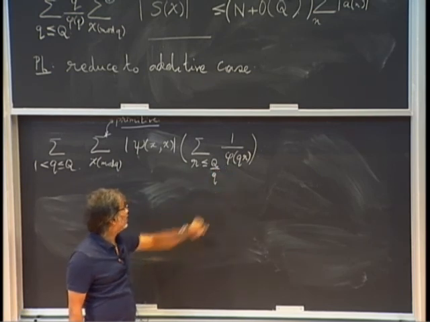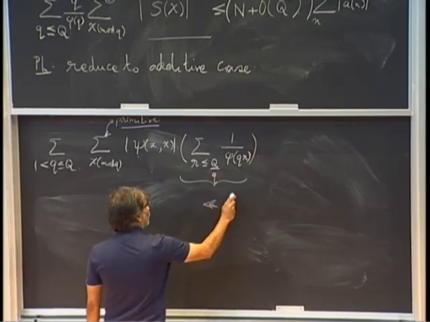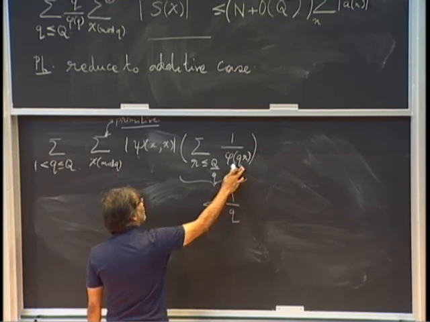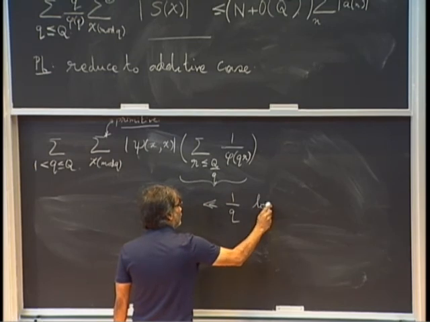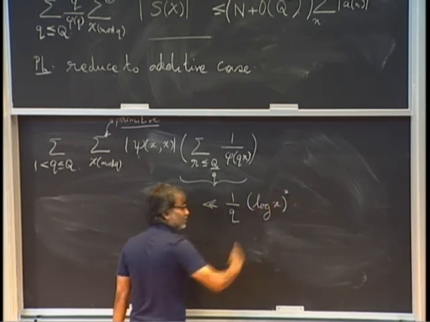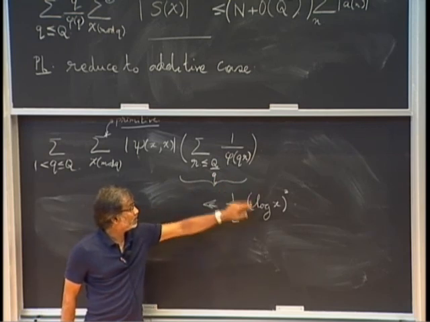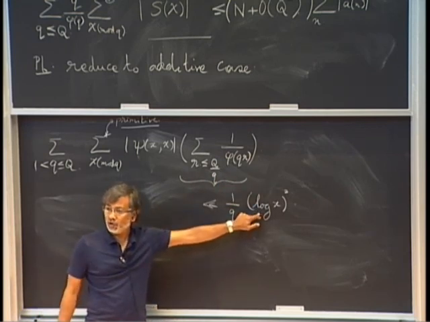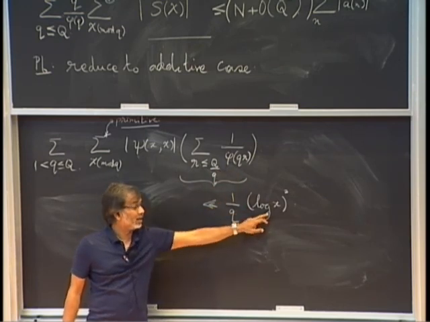So this sum I can say is bounded by 1 over q, and then a sum over r up to this range gives me another log of x. So maybe let me put a log x squared here. I've replaced phi of qr by qr, accepting one loss of a log, and then I sum the 1 over r in this range, accepting another loss of a log x.